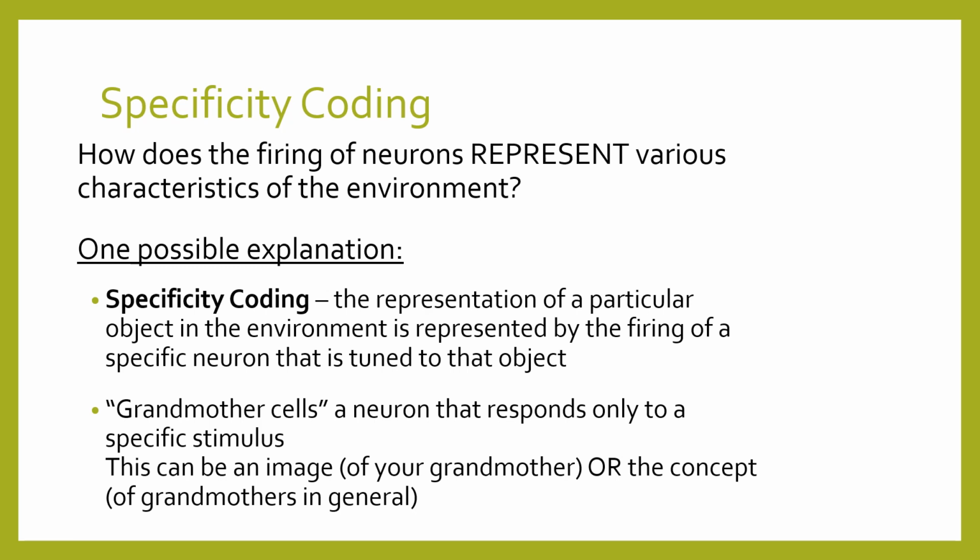There are people who believed, especially in the 60s, that we had these grandmother cells, neurons that responded only to that specific stimulus of my grandmother. So this neuron would respond to the image of your grandmother, the concept of grandmothers in general, the name of your grandmother, all of these things that get locked together into grandmother.